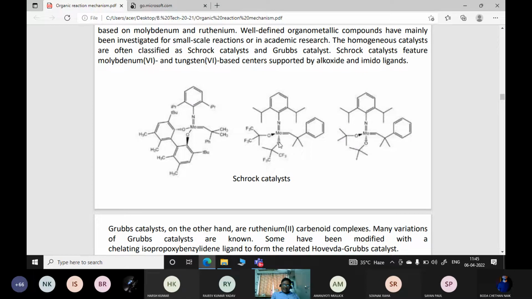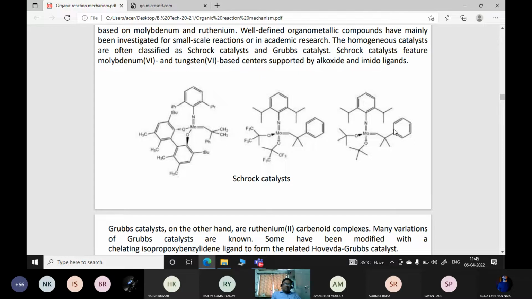It is not a phenoxy, this is the alkoxy, but attached with the trifluoromethane. So these substituents in space have a particular role in the transfer of alkyl groups.